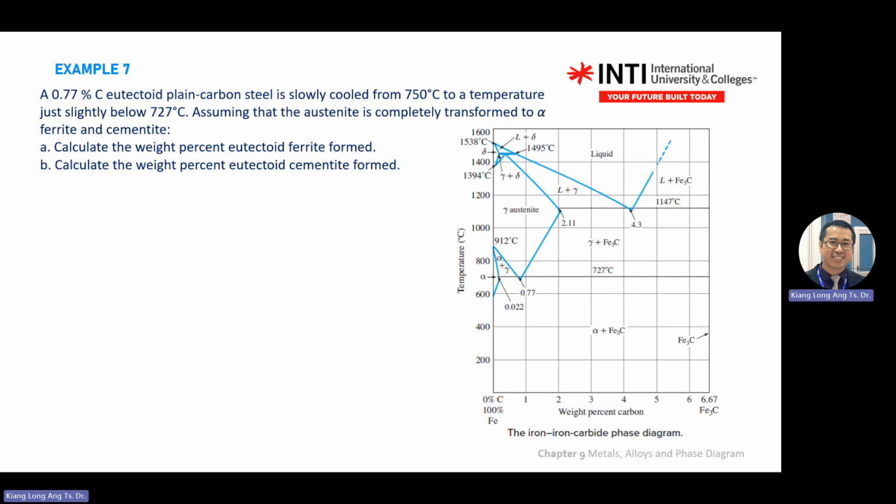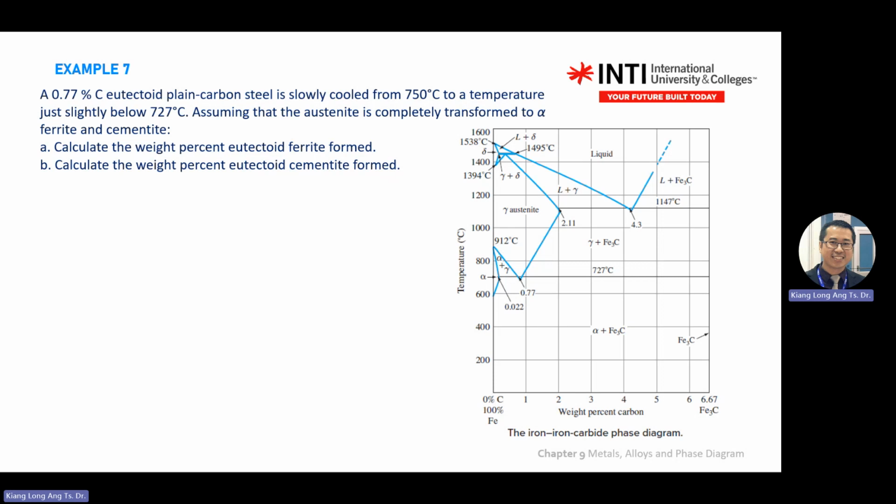Okay, let's look at this application. If you are given a carbon steel chart, with 0.77% C slowly cooled from a temperature of 750 Celsius to a temperature just slightly below 727, with this line actually.